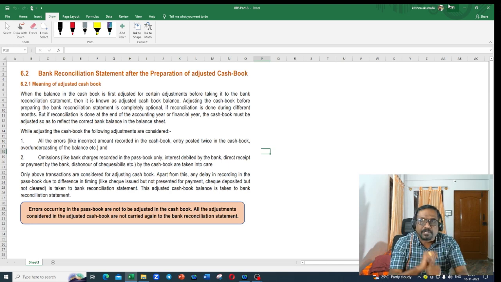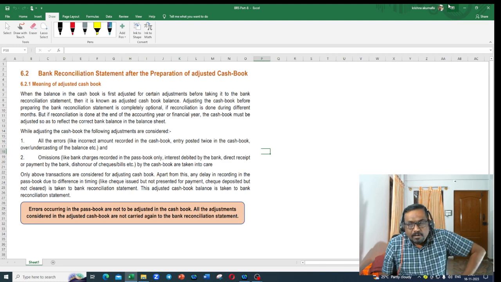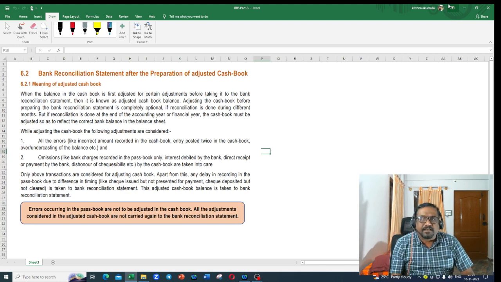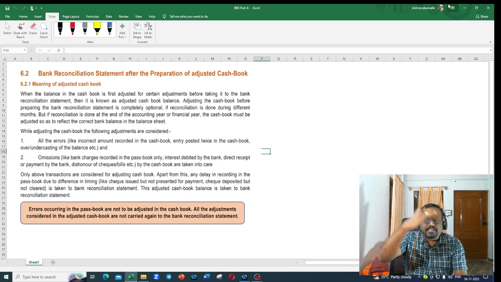You have to rectify them. You can rectify them before preparing the reconciliation, or before going to the bank. Or, you prepared the bank reconciliation, identified the cash book errors and the passbook errors, and you keep the passbook errors aside for the time being because you can't rectify them. Start rectifying your cash book related errors.